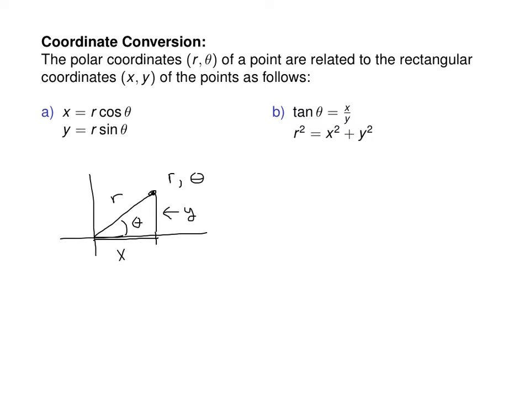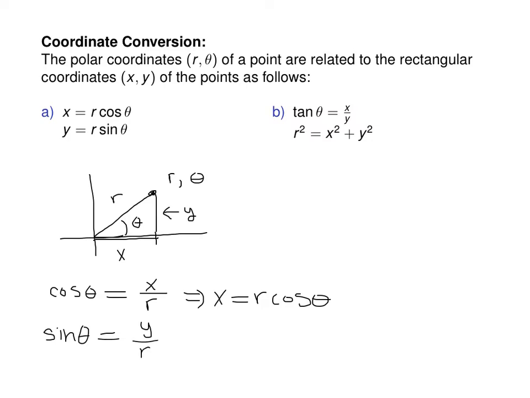Then using trigonometry, we know that cosine of theta is equal to adjacent over hypotenuse, and solving that for x, we get that x is equal to r cosine theta. And we also know that sine of theta is opposite over hypotenuse, which tells us that y is equal to r sine theta.